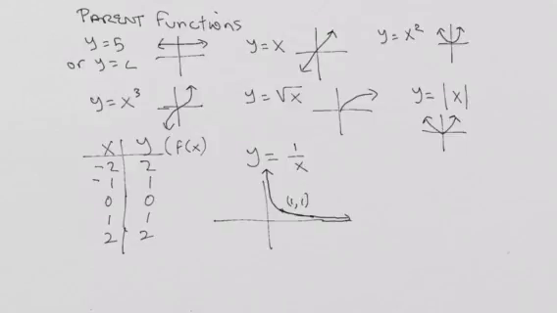When I let x get negative and big, like negative 1,000, y is a very small number, negative. And then I'd get this point when x is negative 1, y is negative 1. And then the graph would go like this. So that's an unusual but somewhat important parent function.